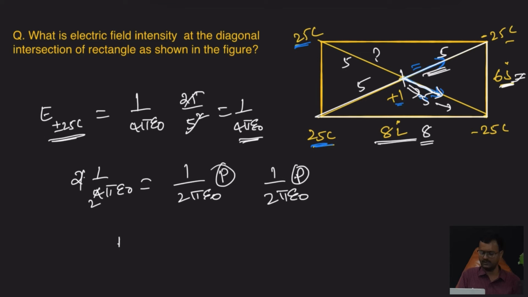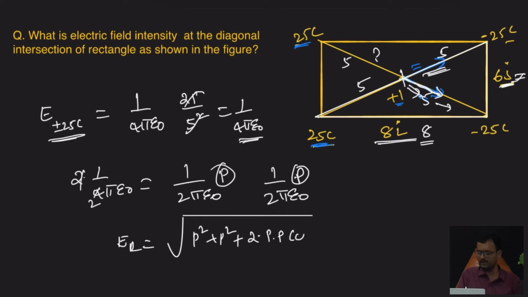So resultant vector is square root of p square plus p square plus 2 into p into p cos of the angle between them. So what is this angle? To find this total angle, I draw a perpendicular line to this side 6a.